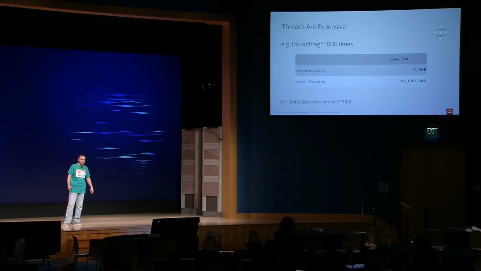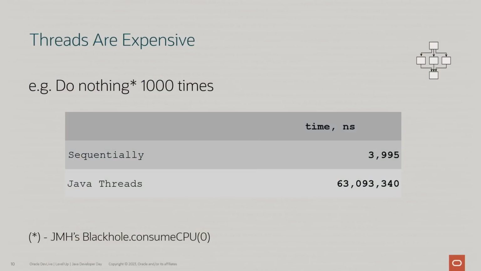Just an example of how expensive a thread is. If you take our Java Microbenchmark Harness function, Blackhole.consumeCPU, which does almost nothing, just a little bit, and if you run it sequentially, it takes, as you can see here, quite a small amount of time.